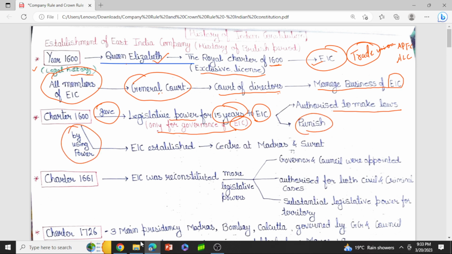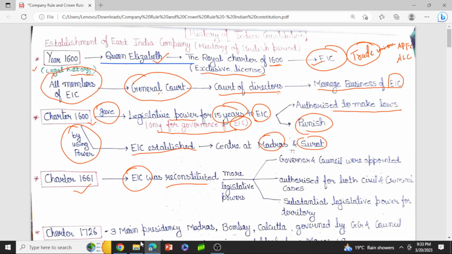Using the same power given in the Charter of 1600, the East India Company also established centers at Madras and Surat.